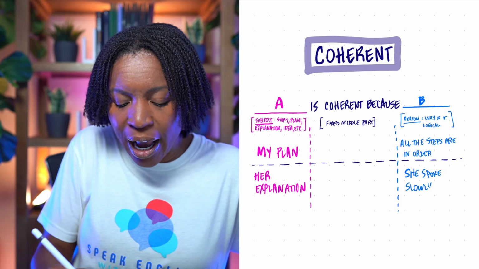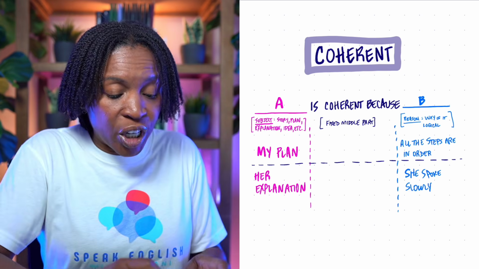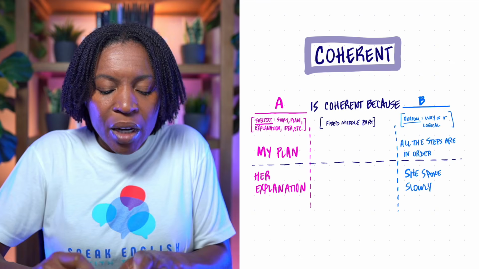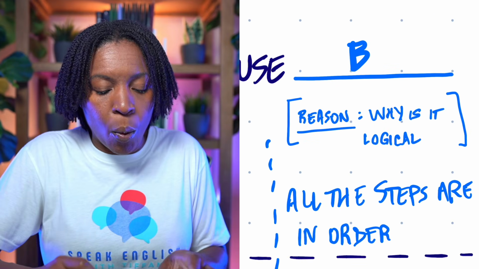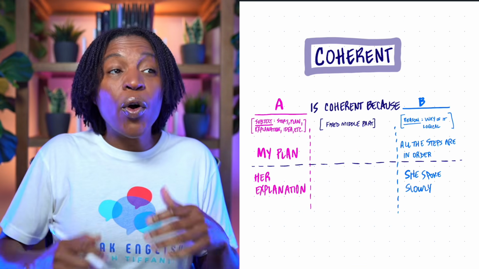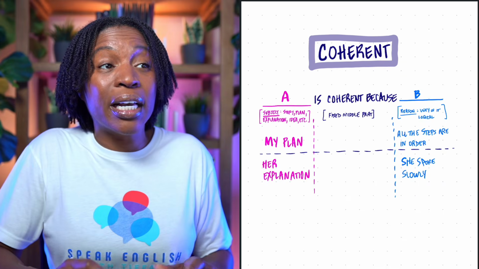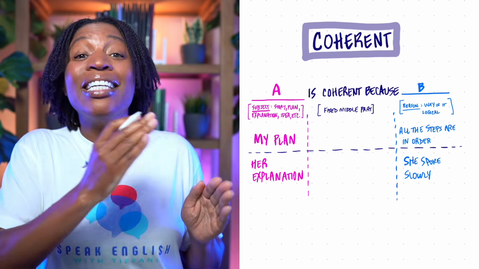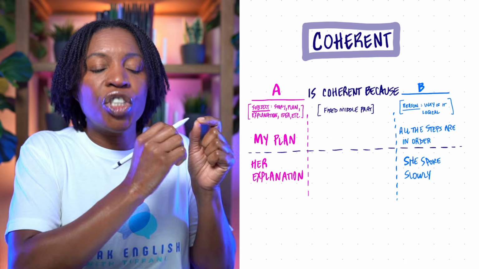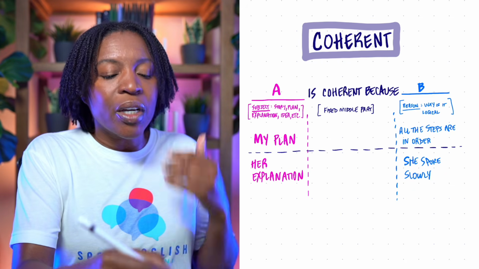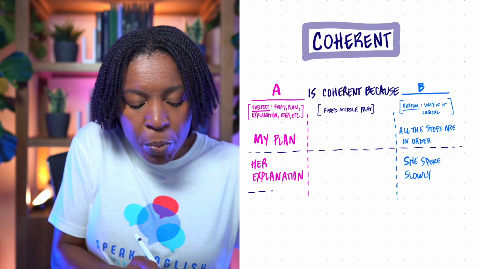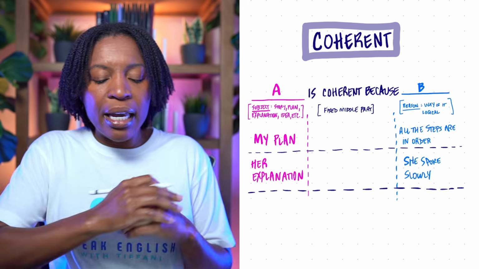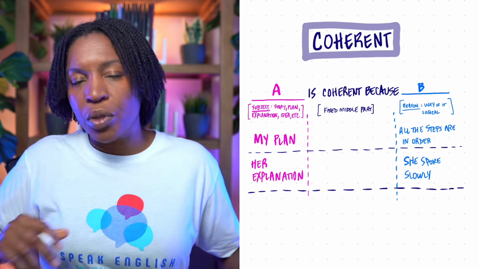Again, remember, letter A represents the subject, either the story, plan, explanation, idea, etc. And letter B represents the reason. Why is it logical? So for our second example sentence using this simple structure, we have, her explanation is coherent because she spoke slowly. Again, A is her explanation and B is the reason: she spoke slowly.